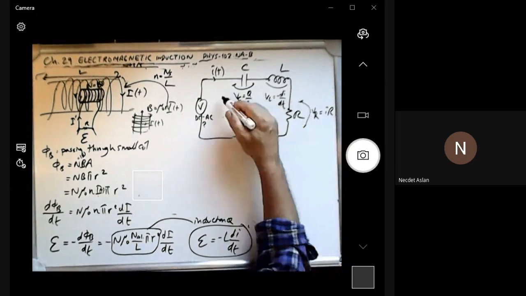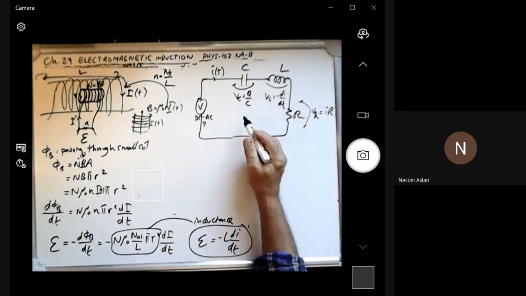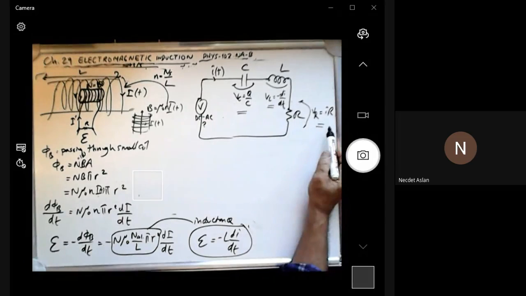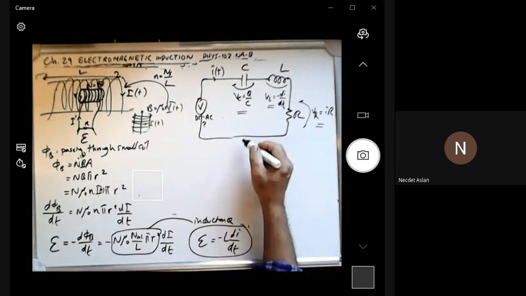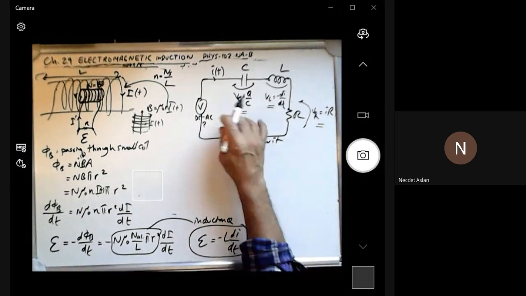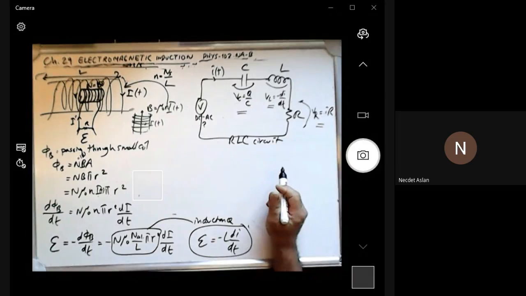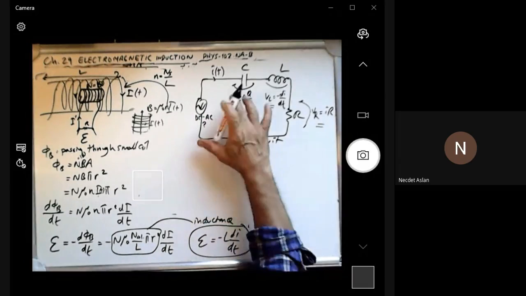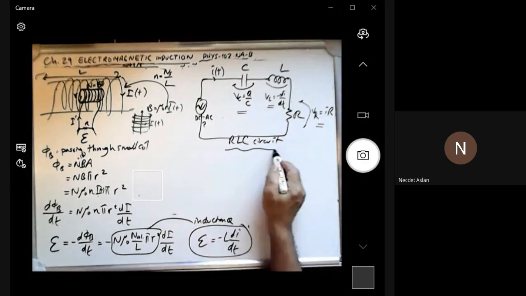Now in the circuit elements, we have everything. We have the capacitance voltage, the inductor voltage, and the resistor voltage. And this is the RLC circuit. If we have enough time, we will analyze this kind of circuit by applying a sinusoidal wave and see what happens. There is a resonance and things like that, right?